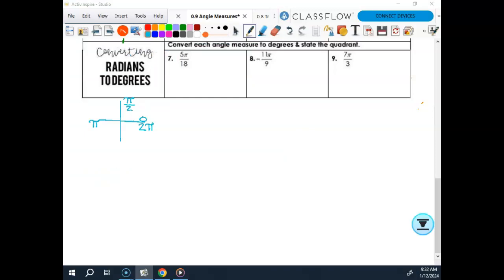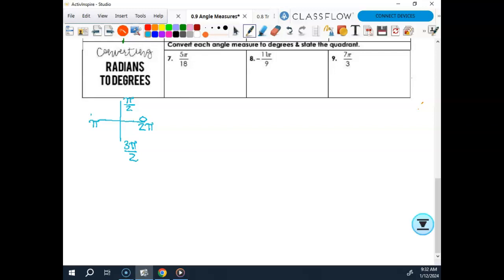If I go another 90, this is 2 pi halves, yes? And 2 pi halves, the 2's cancel out. That's why I end up with pi when I reduce it. You with me on that? So how many pi halves is this? 3. So this is 3 pi halves. And then this is 4 pi halves, which reduces to 2 pi. Does that make sense?